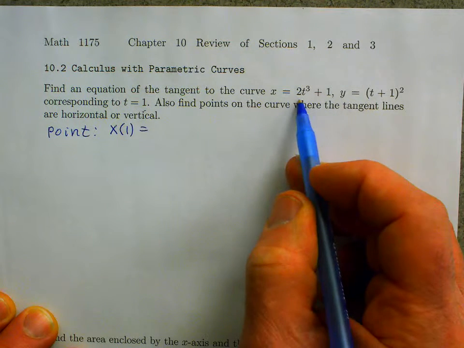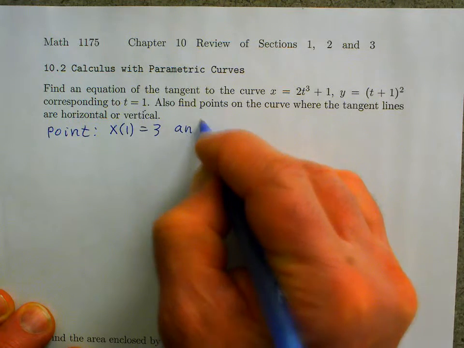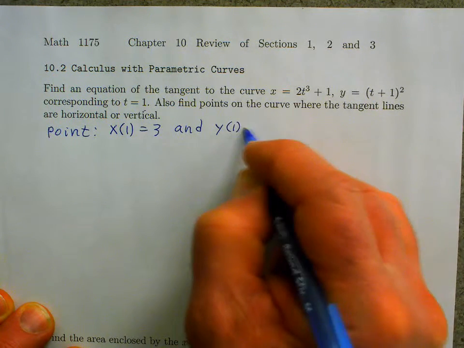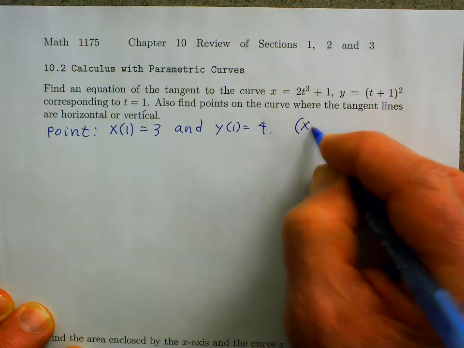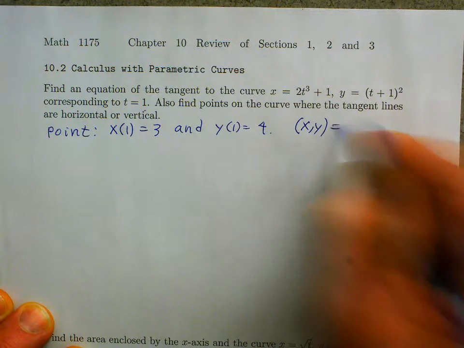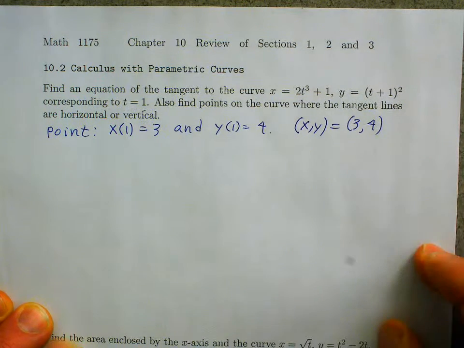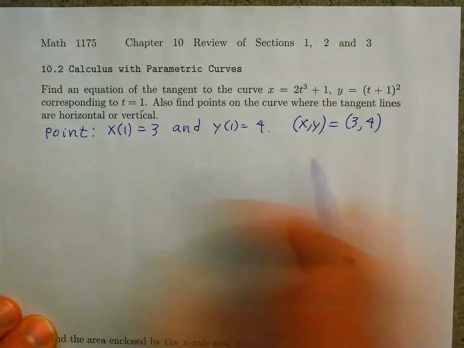So 2 times 1 to the third plus 1 is 3, and the function y evaluated when t equals 1, 2 to the second is 4. So the point that the tangent line passes through is the ordered pair of 3, 4. And then we need to find the slope of the tangent line. So we need the derivative.